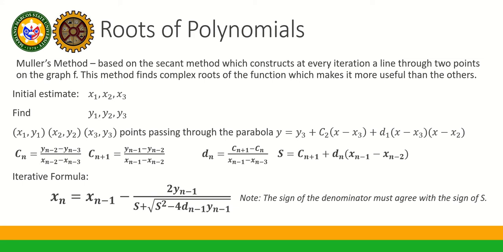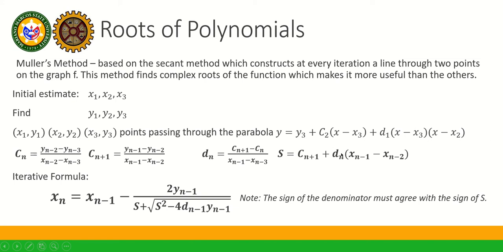So, we have these initial estimates, x sub 1, x sub 2, and x sub 3. With these initial estimates, ito yung tatlong to, we can find y sub 1, y sub 2, and y sub 3. Okay? So, the points x sub 1, y sub 1, x sub 2, y sub 2, x sub 3, y sub 3 pass through the parabola y equals y sub 3 plus c sub 2 times x minus x sub 3 plus d sub 1 times x minus x sub 3 times x minus x sub 2.